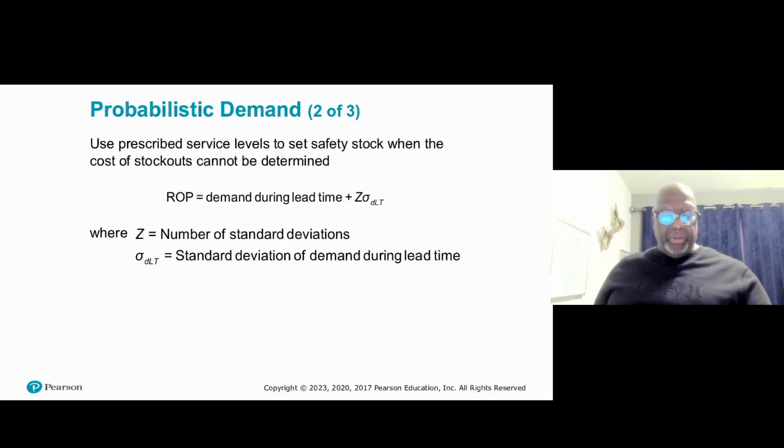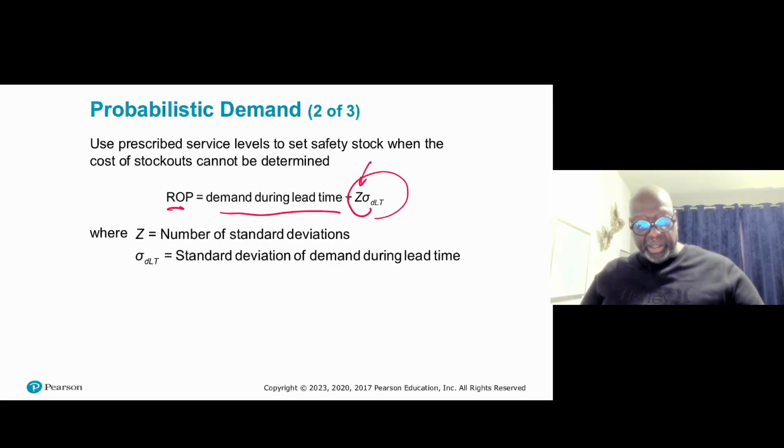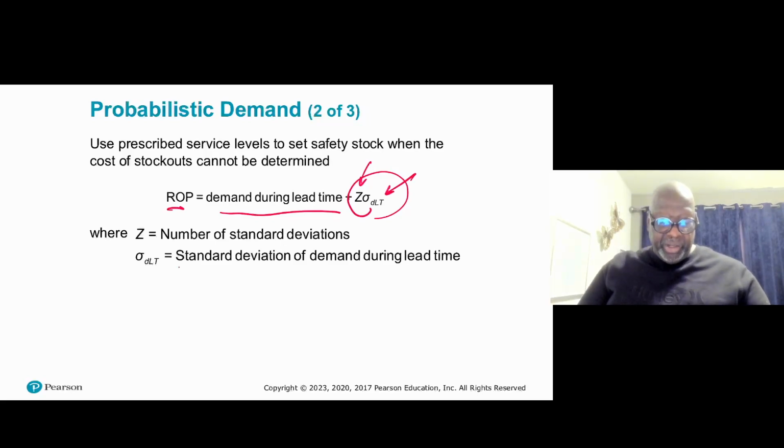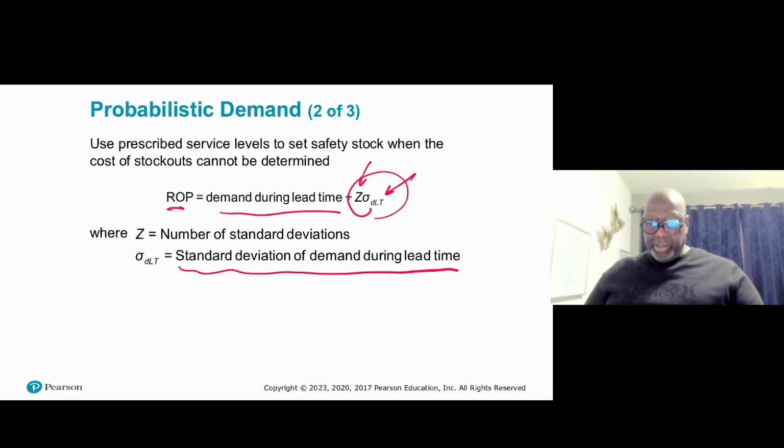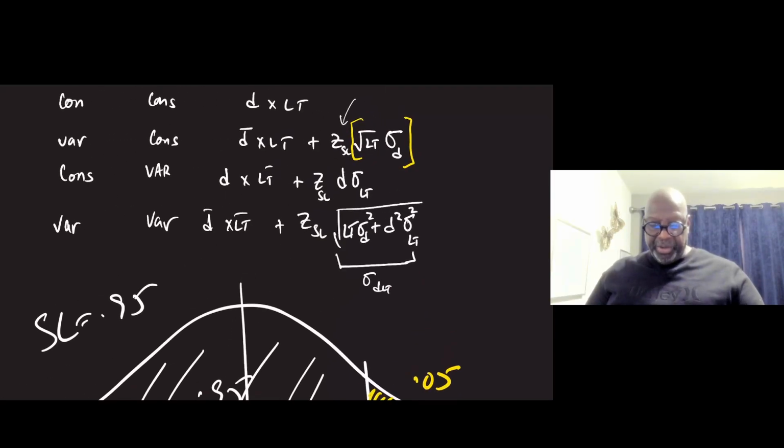So the formula, as we said, is your demand during the lead time plus your Z value based on your service level, times your standard deviation during the lead time. The standard deviation during the lead time, you can compute from that table that I showed you here. These are the different variations depending on whether the demand is constant, lead time is constant, demand is variable, lead time is constant, demand is constant, lead time is variable, or both of them are variable.